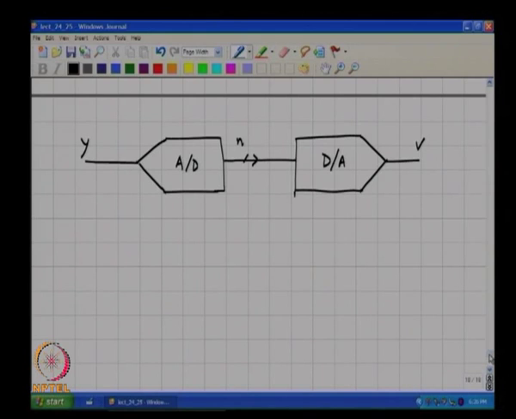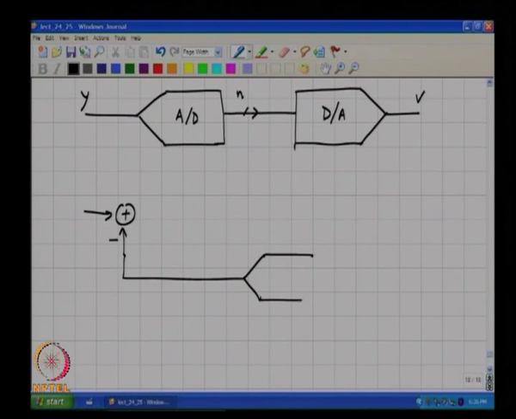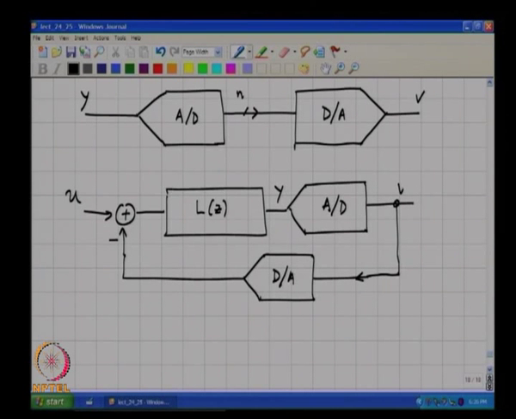So, the actual modulator will in practice look like this, for example.